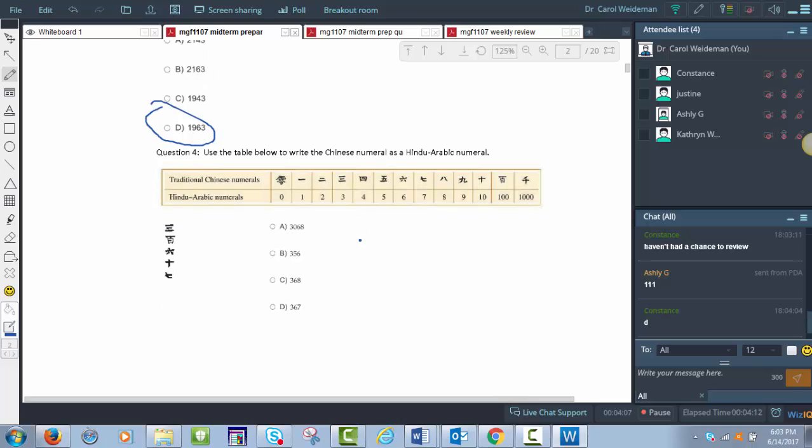All right, then we have Chinese. Now remember how Chinese numerals go. They're written vertically, in groups of 2, and the symbol is going to be over a number that gets multiplied. So if we take a look, this is a 3. So I've got 3 times, and then I have to figure out what this symbol is here.